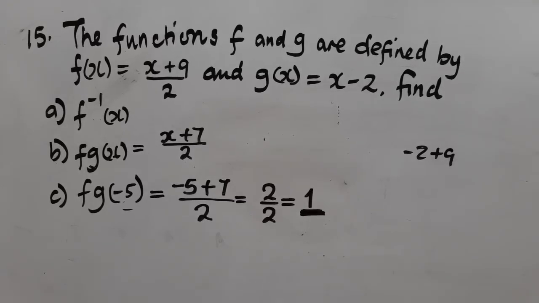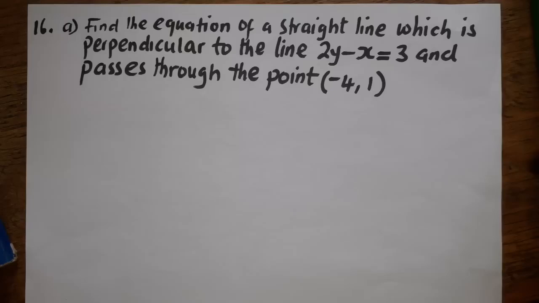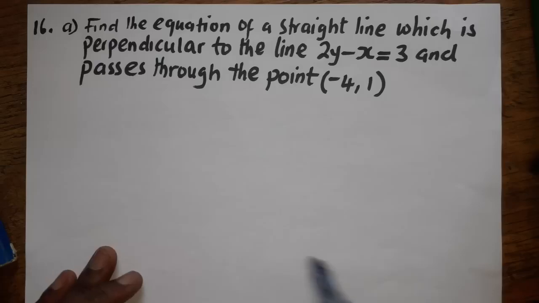Okay, we got question 16 now. We come to question 16a. Find the equation of a straight line which is perpendicular to the line 2y minus x equals 3 and passes through the point (negative 4, 1). So what are we supposed to note here?